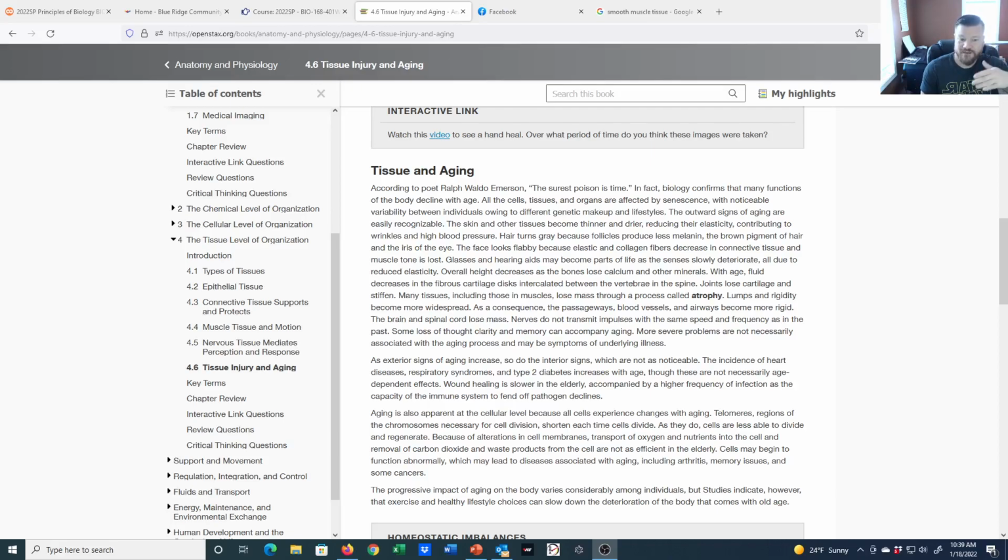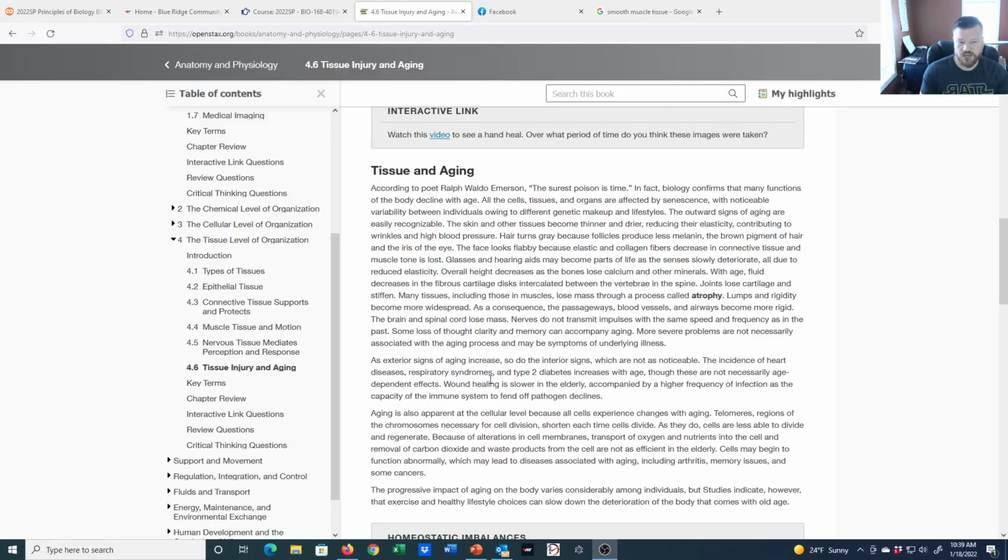So that might have something to do with aging. As telomeres shorten, maybe as they get too short, you start to lose DNA that's important, and maybe that's part of what causes the aging process, and cells or tissues to atrophy, muscles to atrophy. That might be part of it.